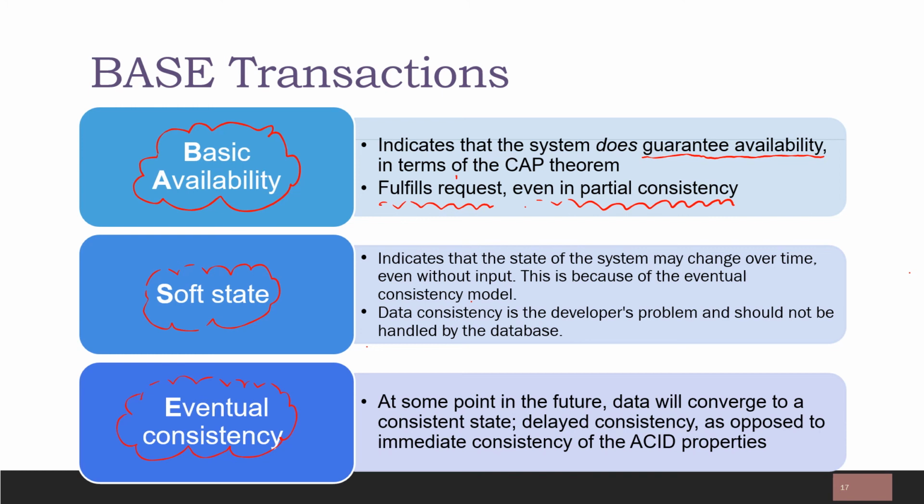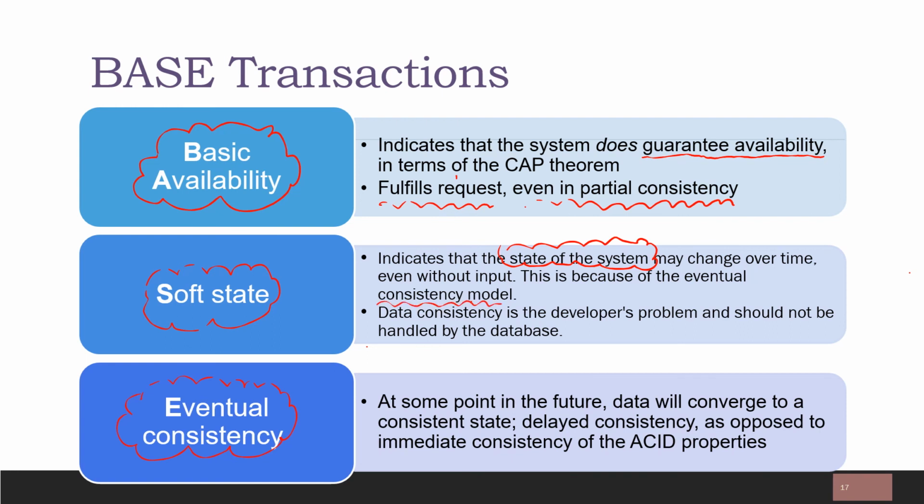Then the second property, soft state. Soft state means that the state of the system may change over time, even when there is no change made, because of the eventual consistency model.